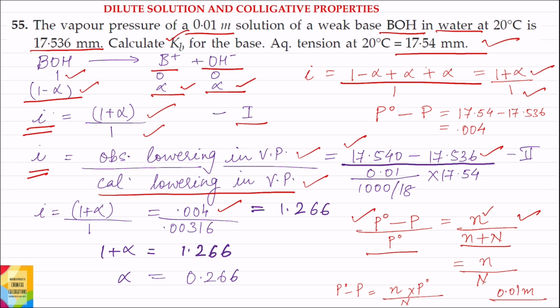Since the number of moles of solute is very less, we can neglect the moles of solute in the denominator. So P naught minus P divided by P naught becomes equal to moles of solute divided by moles of solvent. From this, P naught minus P, that is calculated lowering in vapor pressure, is equal to moles of solute divided by moles of solvent into vapor pressure of pure solvent.